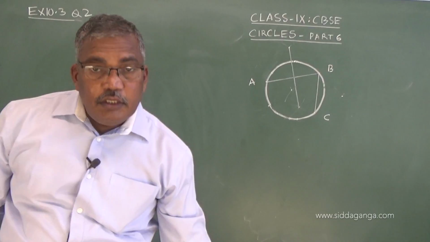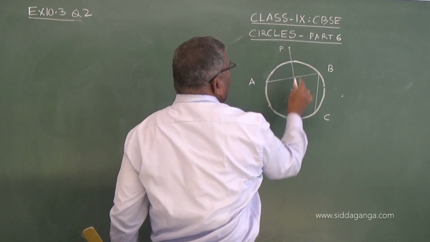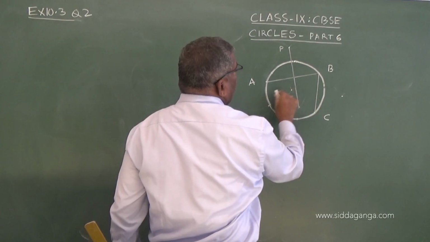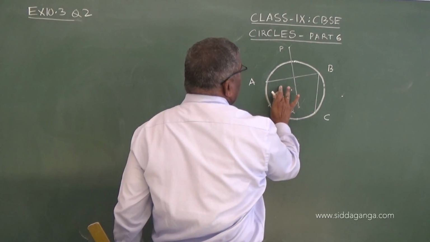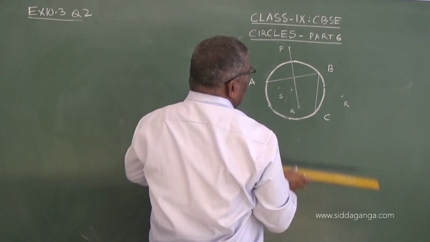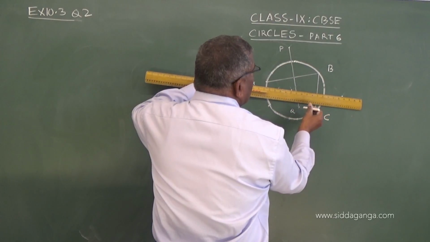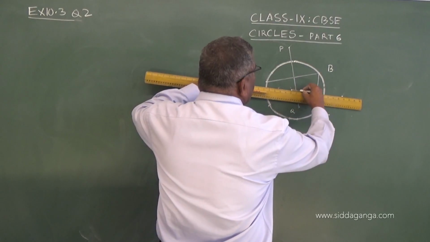So I will call these point P, point Q, point R or S, let us say. PQ and RS are the perpendicular bisectors of AB and BC respectively.